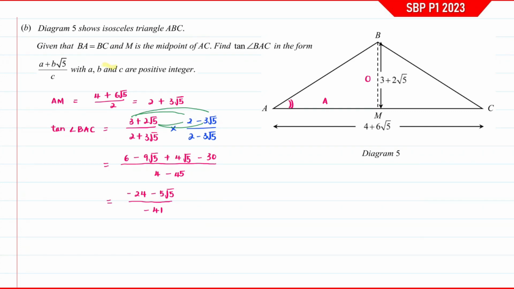Here the question stated that the values of a, b, c are positive integers. So next we're going to factorize: negative bracket (24 plus 5 root 5) over negative 41. Here the negative can be cancelled. Therefore the answer will be (24 plus 5 root 5) over 41.